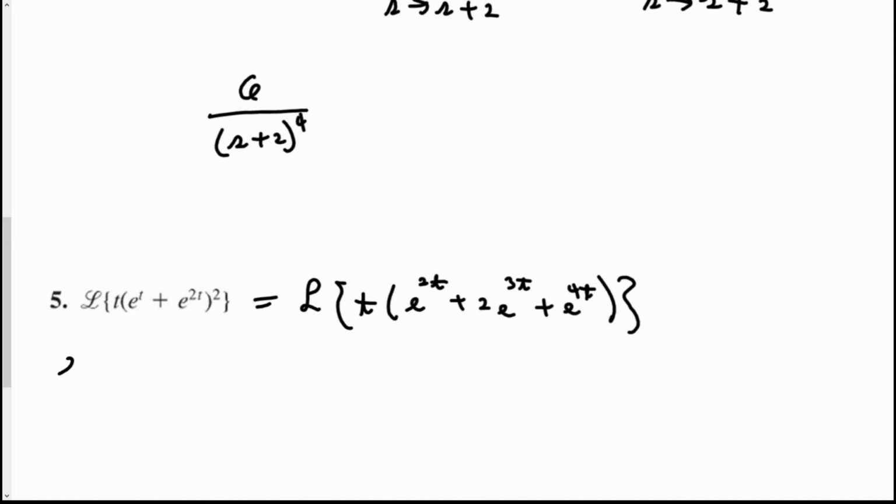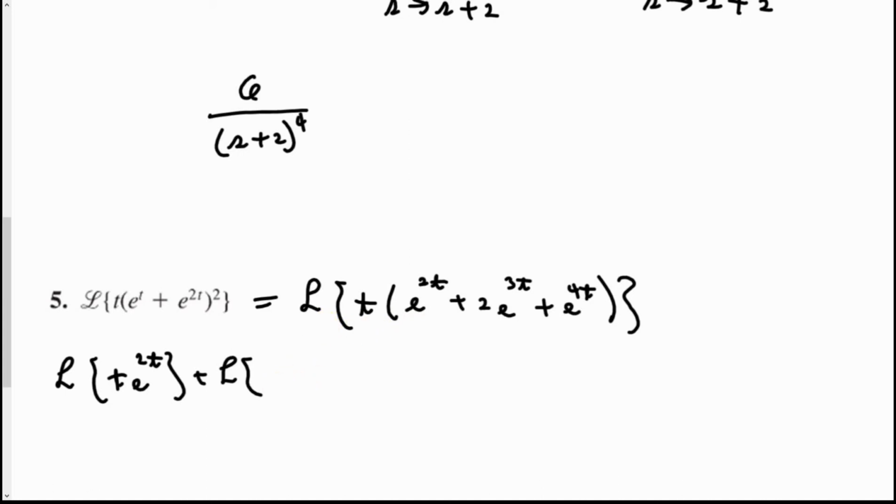And so now we keep simplifying. This is the Laplace transform of t times e to the 2t plus the Laplace transform. The Laplace transform is linear, so we can break this sum into its parts. So the Laplace transform of the sum is equal to the Laplace transform of the parts.